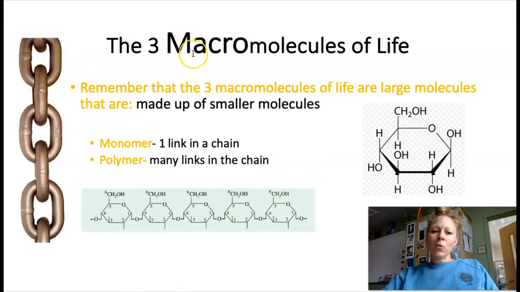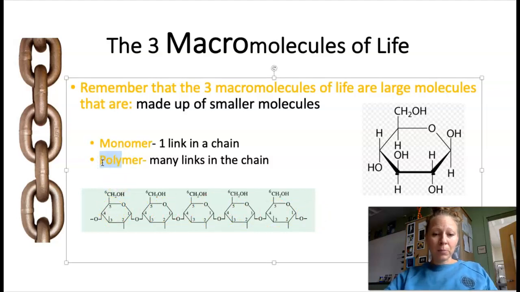And so the three macromolecules are made up of smaller molecules. So big things are made up of smaller things. And so here's the chain. Remember that here's a chain of small molecules. Remember that this chain is a polymer. The prefix poly, let's underline that, means many, and the prefix mono means single.